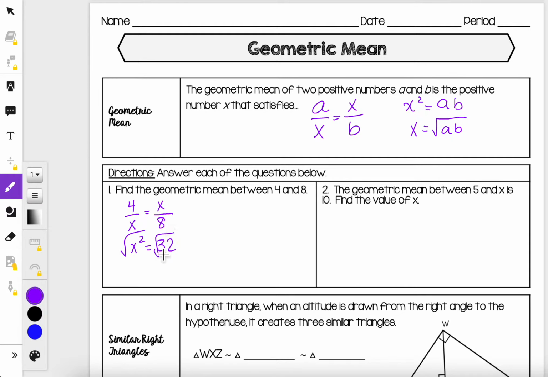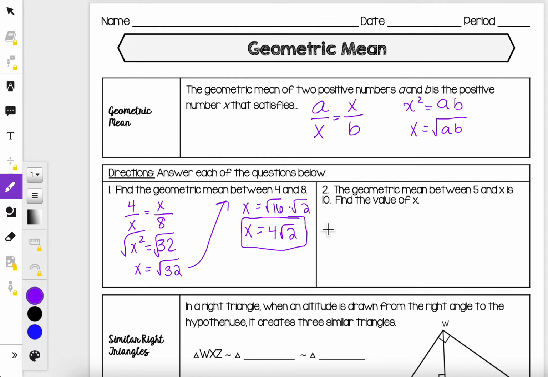Take the square root of both sides, and x equals the square root of 32. I can simplify the square root of 32 as the square root of 16 times the square root of 2, so x equals 4 root 2. That would be the geometric mean between 4 and 8.